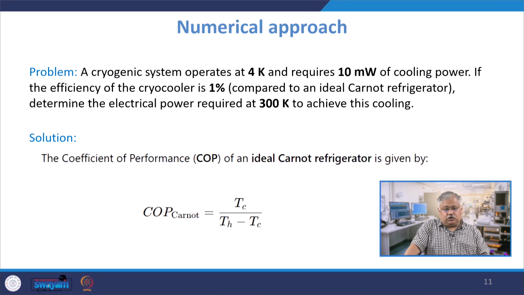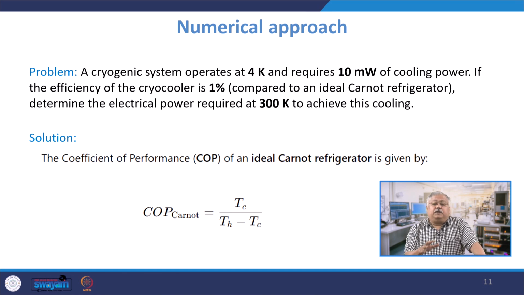Let's finish this talk with a numerical approach which we need to look into. Let us assume that a cryogenic system operates at 4 Kelvin and it requires 10 milliwatt of cooling power. Efficiency is given as 1%, if the efficiency of the cryocooler is approximately 1%.